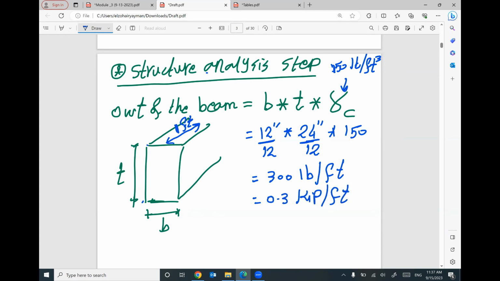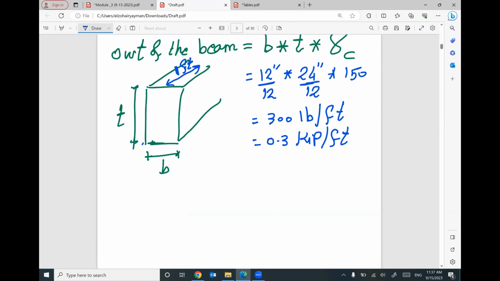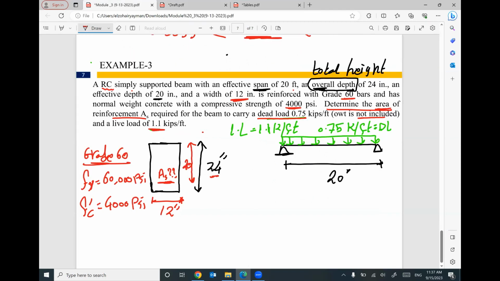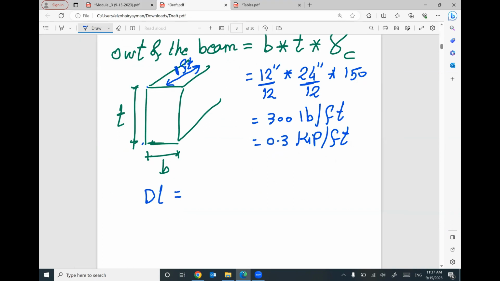I divided it by 1000. Keep in your mind, the dead load in this problem is given as 0.75, which is not including the own weight. So the total dead load will be 0.75, which does not include the own weight of the beam.